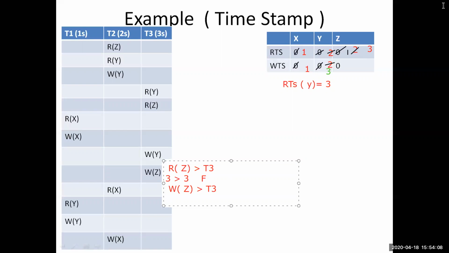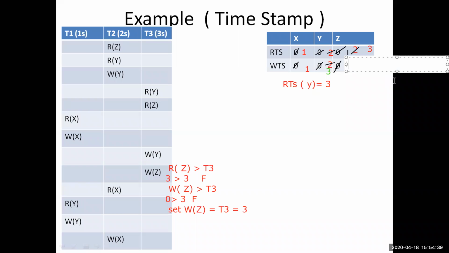So write of z is 0. Is 0 greater than T3, that is 3? Answer is false. So the condition says set write of z equal to the timestamp of T3. So it will get set to 3. So this 0 will get replaced by 3.